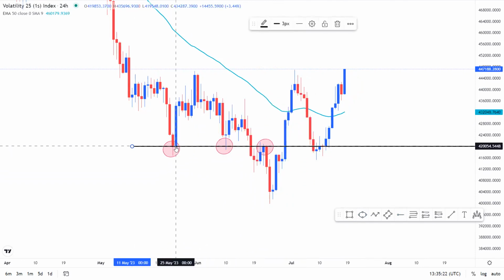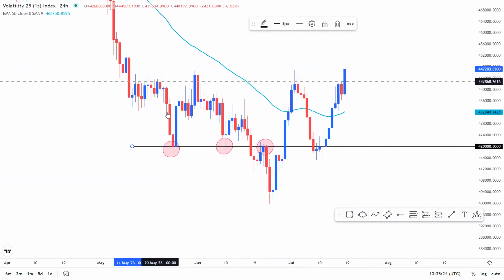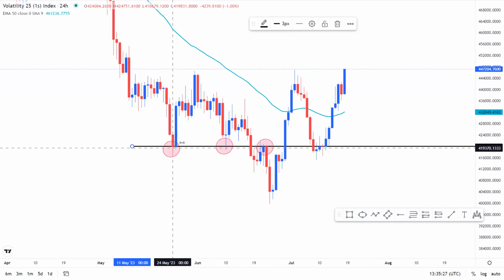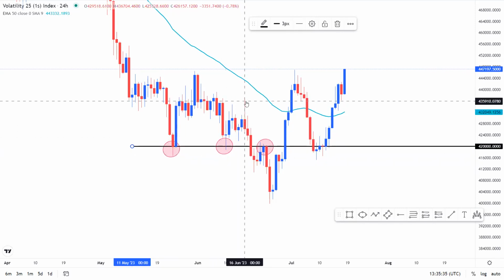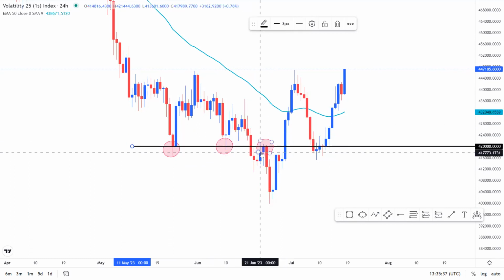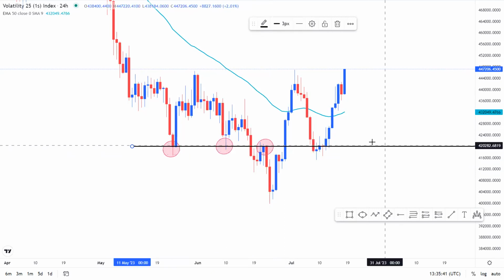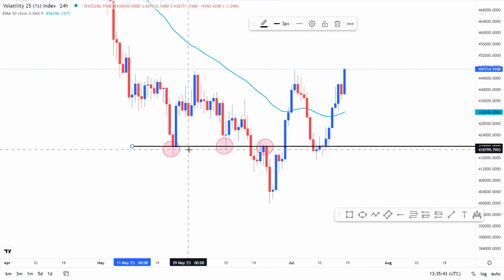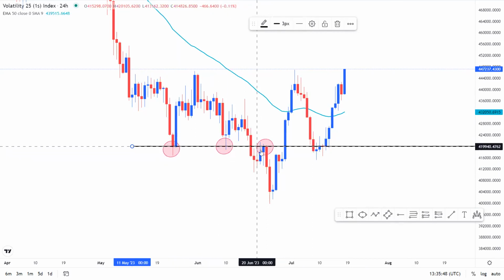Looking to the left, we had this sell-off coming to the level, and price held the level from getting past, acting as a support right here. We came into the level a second time, it acted as a support. And then here, when we were below the level, it acted as a resistance. So this is a key level, as you can see very evidently. Price reacted every time we came into the level.